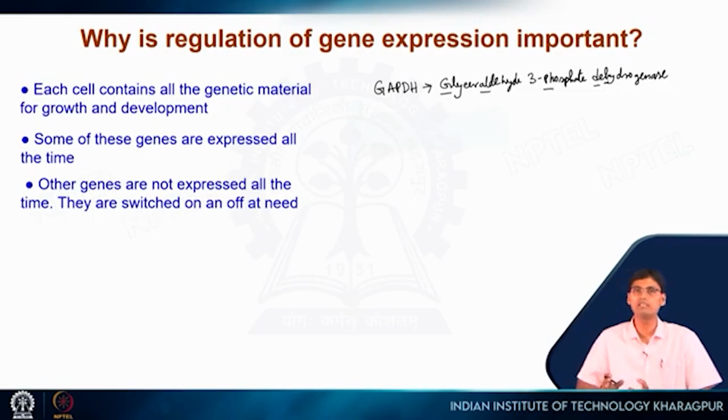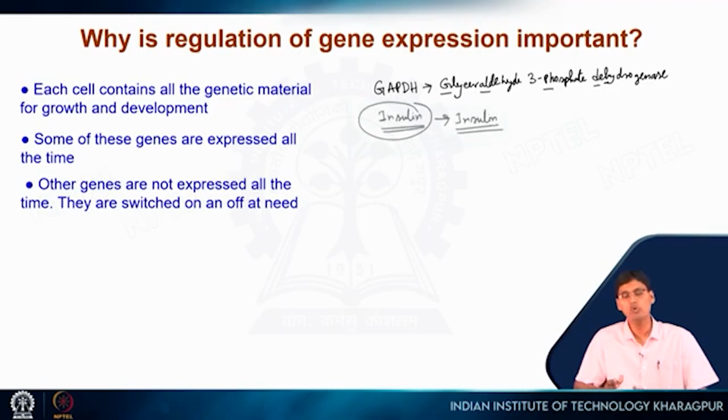Some genes might be making product all the time, but some genes only make product at need. We can also classify these genes in two defined ways. One is called constitutive gene expression. That means those genes are constantly expressed in every cell, for example GAPDH.